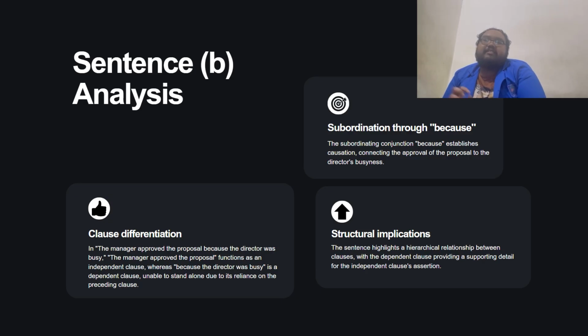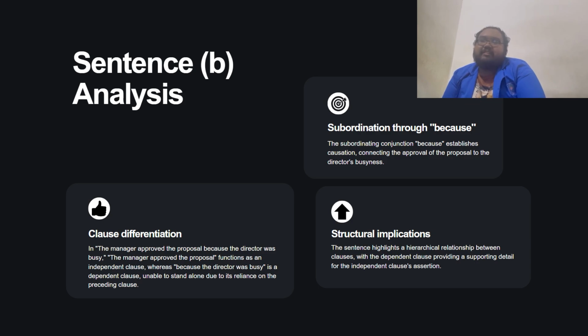And sentence B analysis, clause differentiation: the manager approved the proposal because the director was busy. "The manager approved the proposal" functions as an independent clause, whereas "because the director was busy" is a dependent clause, unable to stand alone due to its reliance on the preceding clause.